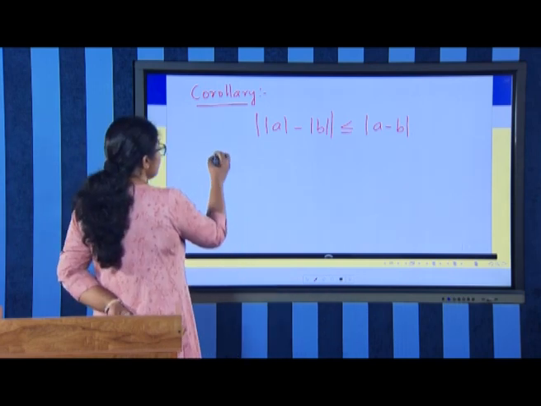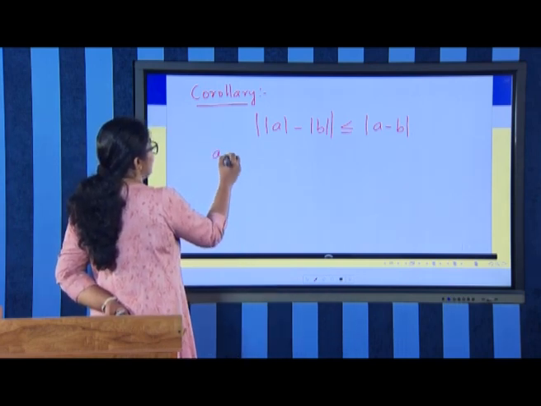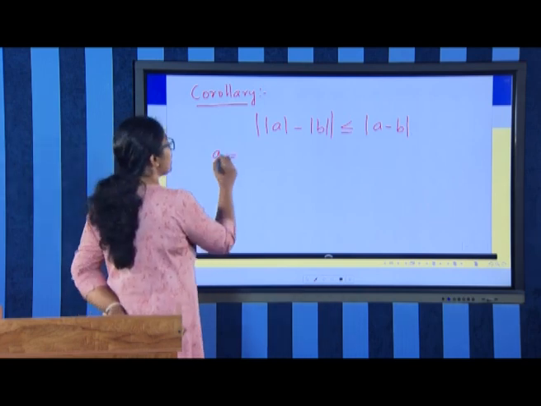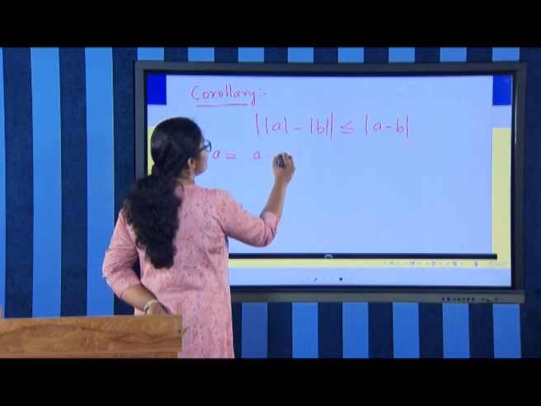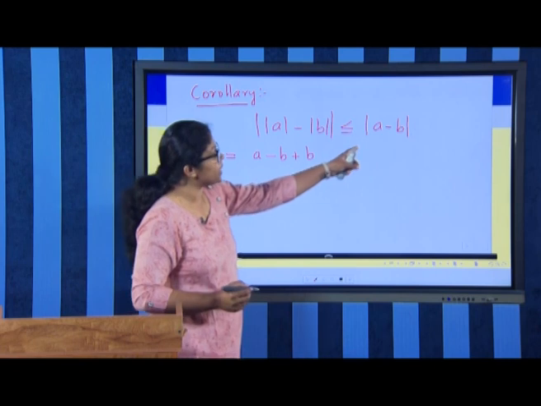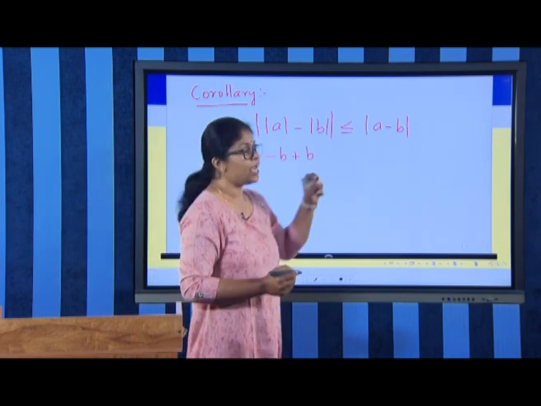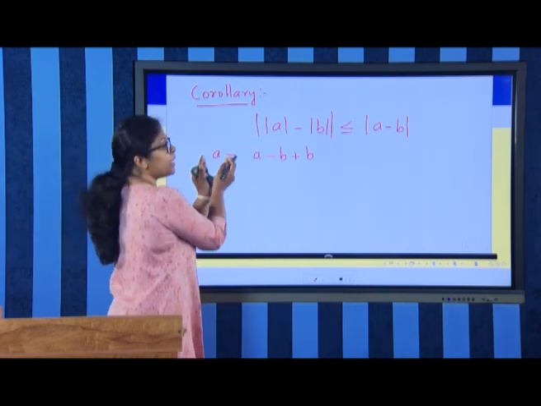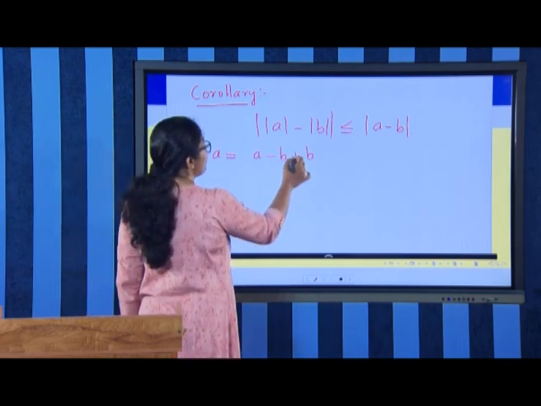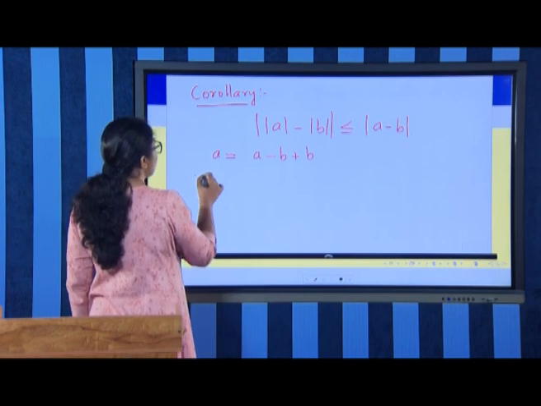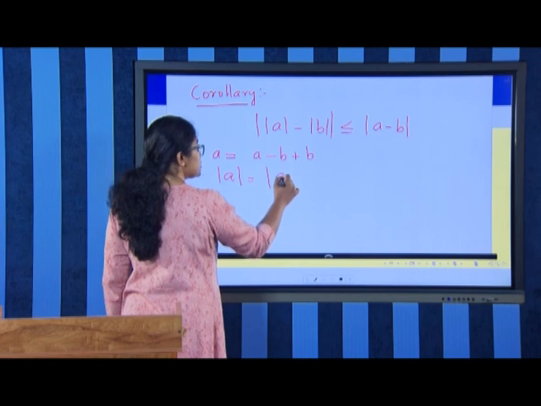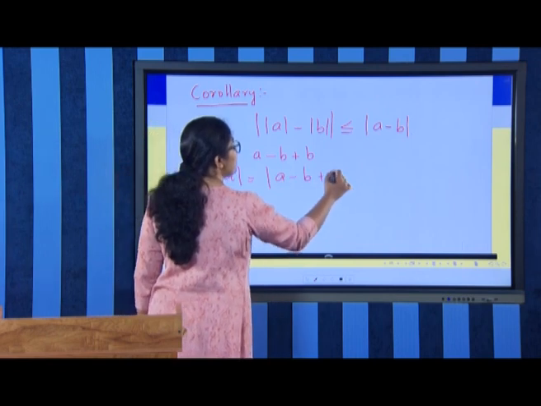So, let us begin with a real number a. How can we express this a? We can write this a as a minus b plus b, because what we have on the right side is a difference, and that is why we want to write a in terms of a minus b. So, we have a is equal to a minus b plus b. Therefore, modulus of a is nothing but modulus of a minus b plus b.